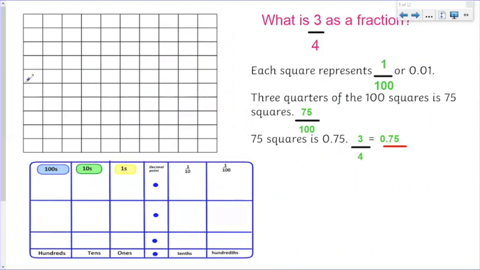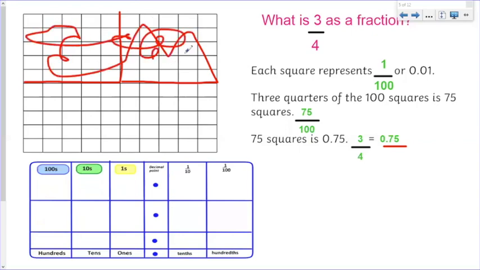Just to make that point again, here's our first 25 squares. So 0.25 is the same as 1/4. Half. Right, so we're going to colour in half now, which is 50 squares, which in a decimal number is 0.50, or we say 0.5.